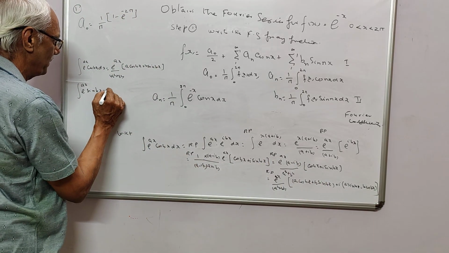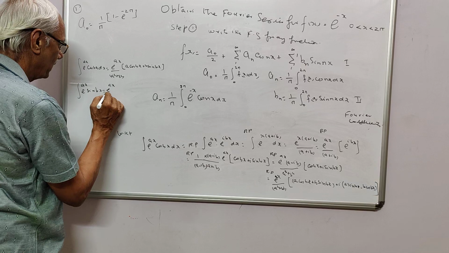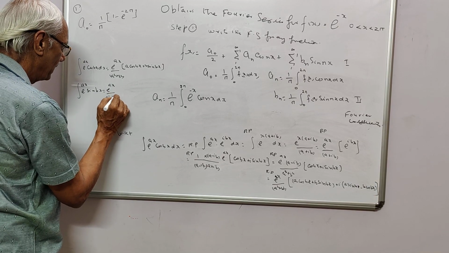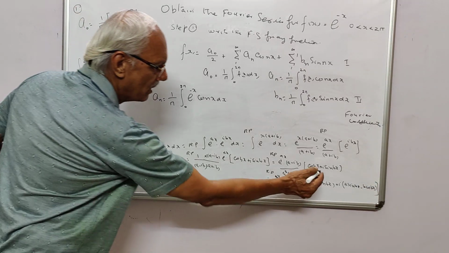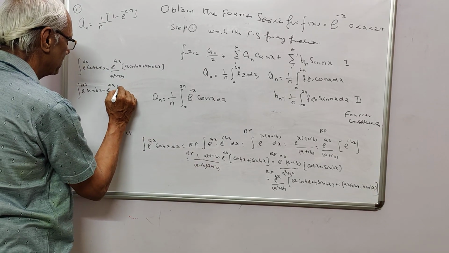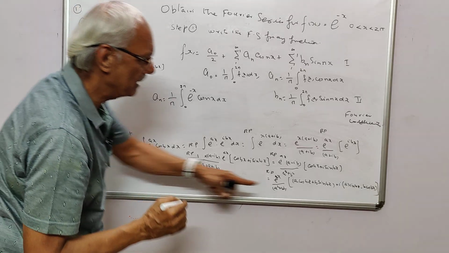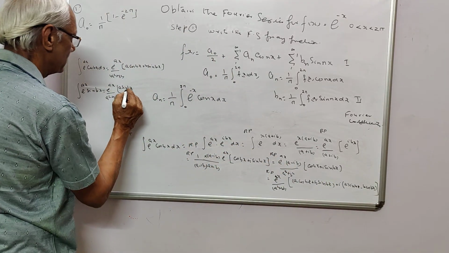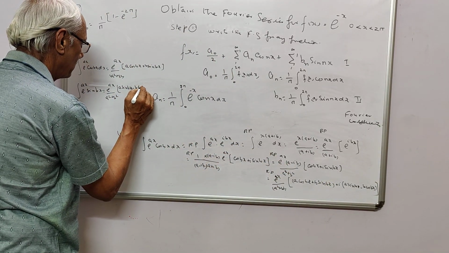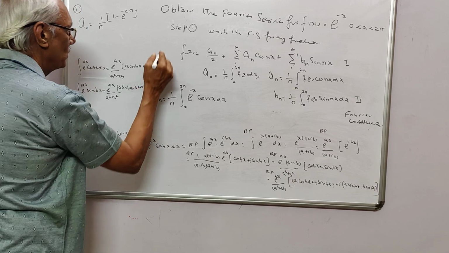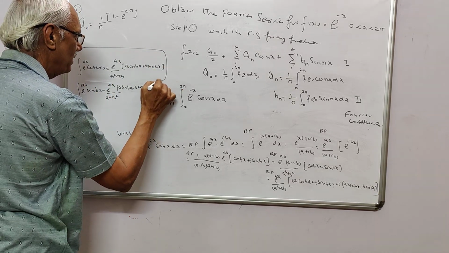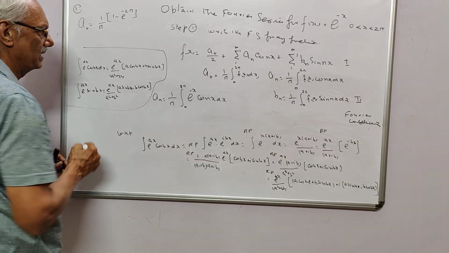So what is your imaginary part here? e to the power of ax divided by a squared plus b squared, write those terms, (a sin bx minus b cos bx). So you see that I am able to get these two results here.